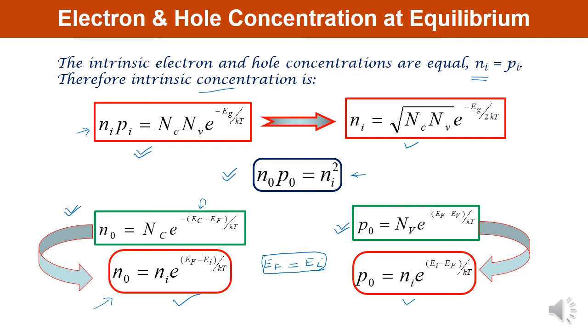Similarly, hole concentration, denoted by p naught, varies from Ni to larger values as Ef moves from Ei towards the valence band. And these equations reveal the qualitative feature of carrier concentrations. So this is how you can derive all these terms, you can manipulate, and you need to remember all these terms.